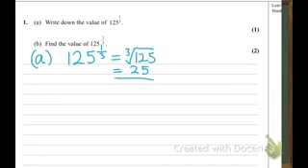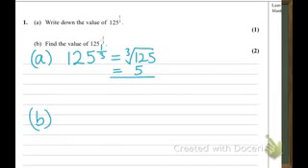Remember, you do not have a calculator, and you should be able to do this without a calculator. Oh, sorry, it is 5. I just keep making mistakes. I don't know why. Maybe it's because this was 25 and I just saw it, but I don't know why I wrote 25. Apologies for that.